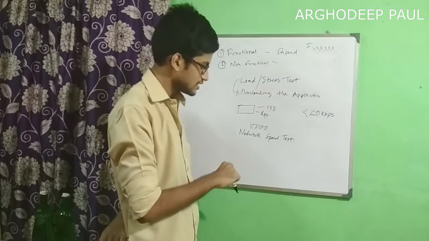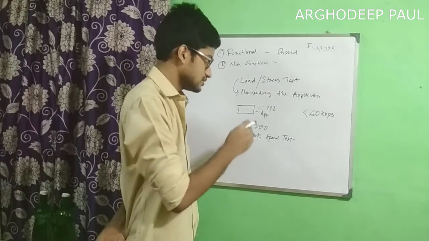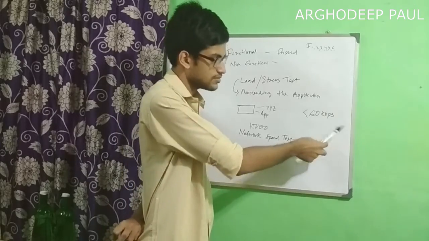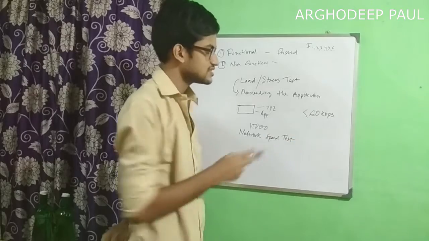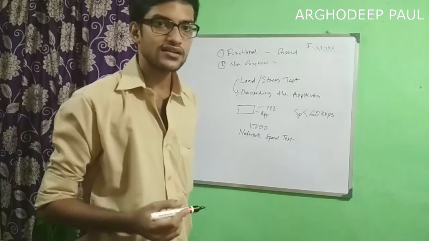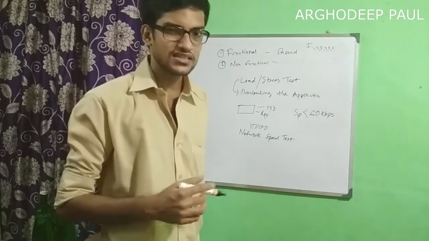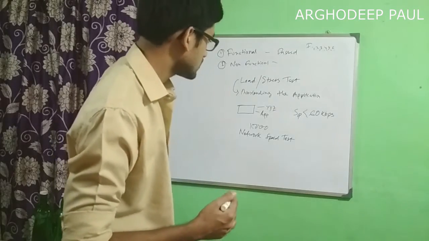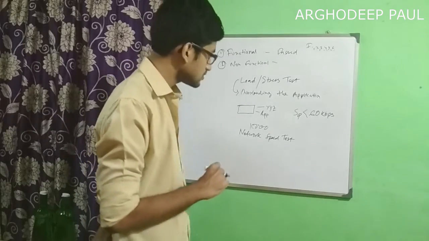So we are expecting that 100 users will be using this application per second, provided that the speed is not less than 60 kbps. If the speed is less than 60 kbps, then this system would hang, or there would be some laggy experiences, some unusual hangs, unusual freezes. So this is also a test case.